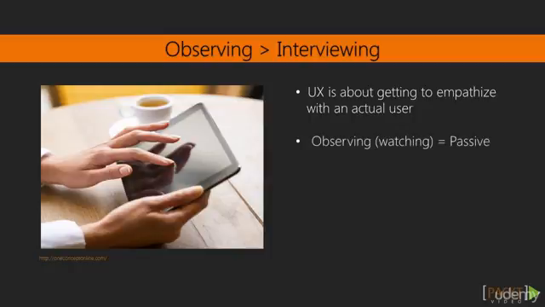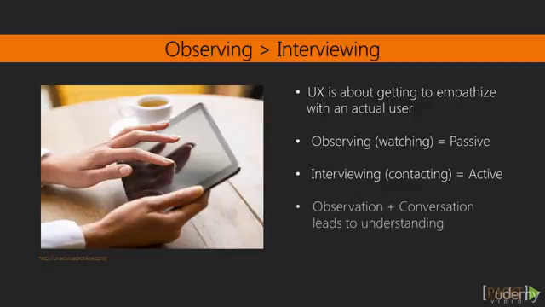Observing, like a fly on the wall, is a passive process that allows you to see how your users interact, while interviews become an active process, and the interaction with users facilitates a conversation and reveals more about your observations. They go hand in hand. You observe, and then you can interview.